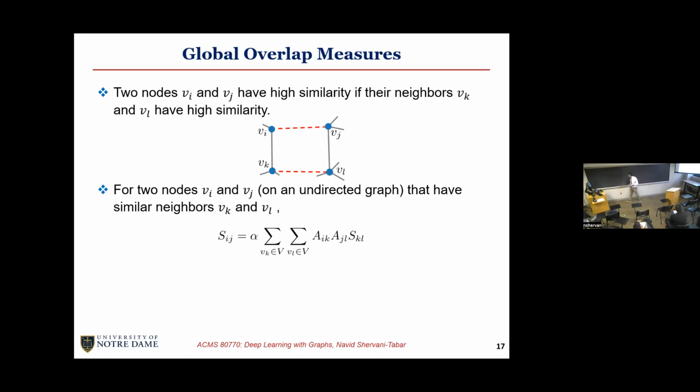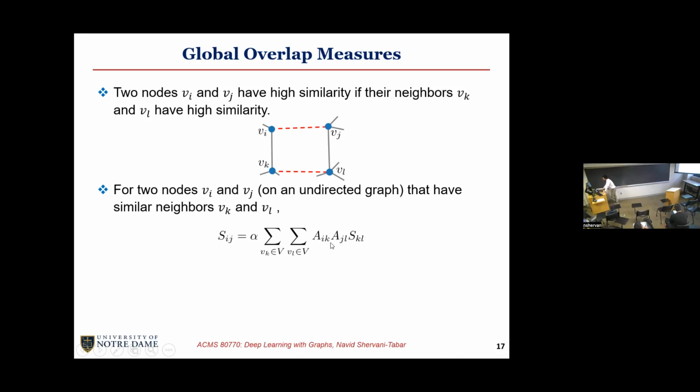You can see that this Aik is the adjacency matrix, and it's the element that shows if node i is a neighbor of node k, right? And this one, Ajl, is showing if node j is a neighbor of node l.